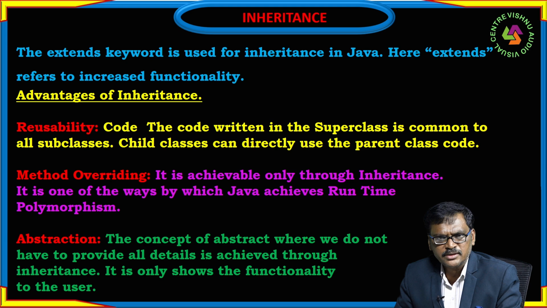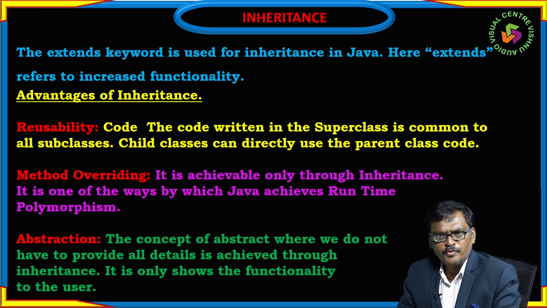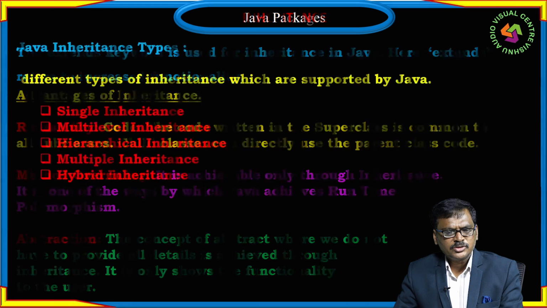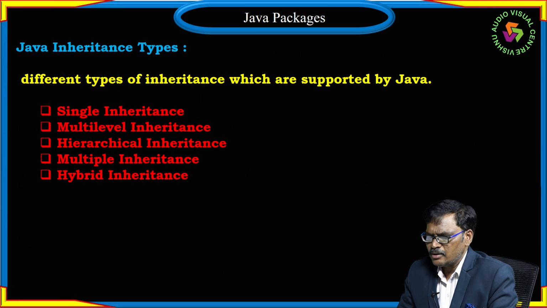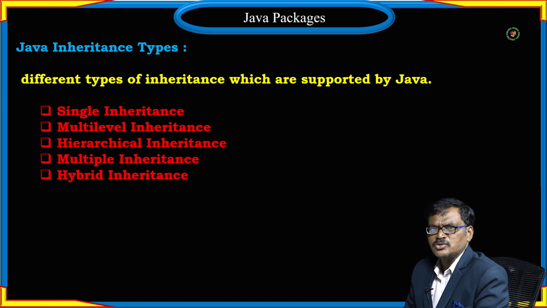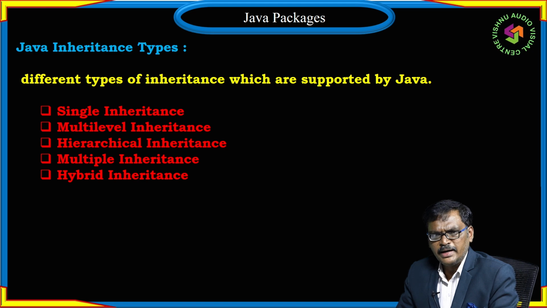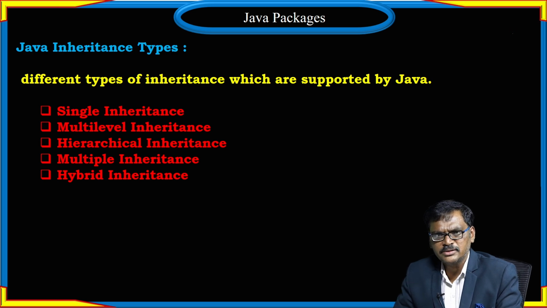This data abstraction, method overriding, and reusability of the program code are very, very useful to the inheritance concept here. There are different types of inheritance: single inheritance, multi-level inheritance, multiple inheritance, hybrid inheritance, and hierarchical inheritance.